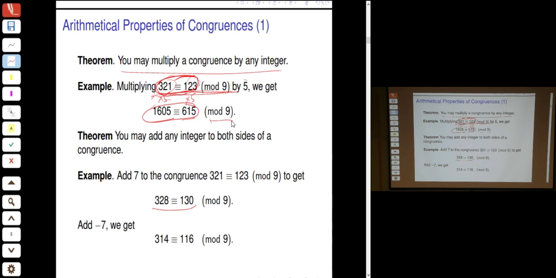Okay. So in general, if A is congruent to B mod n, then kA is congruent to kB mod n for any k.